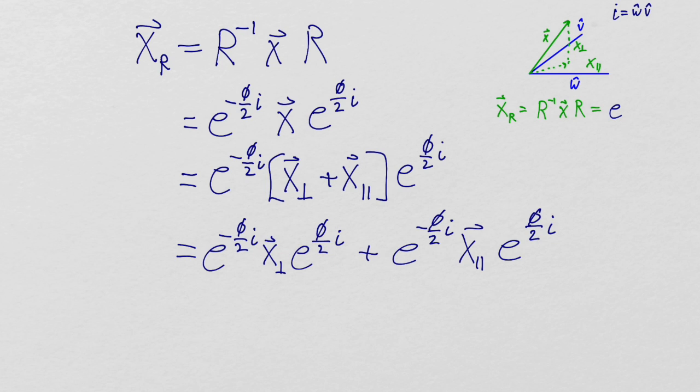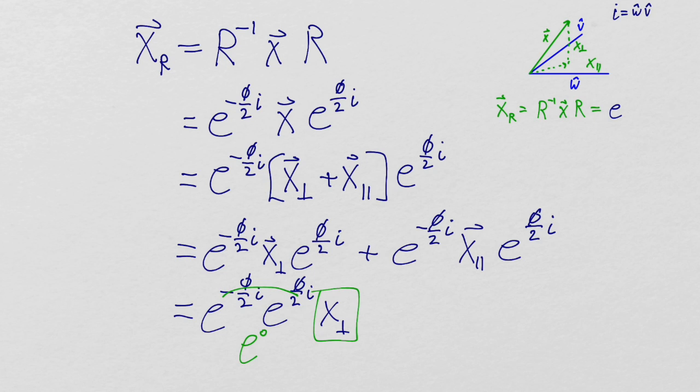So this expression is going to be e to the minus phi over 2 I times e to the phi over 2 I times x perp, and these two exponents just add up to 0. So you end up with e to 0, which is just x perp. This entire side is going to cancel to 1.